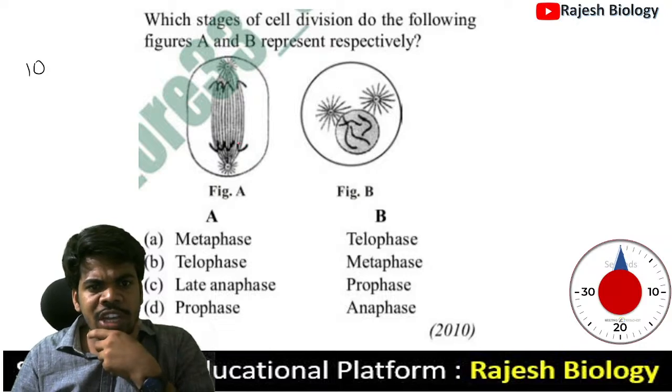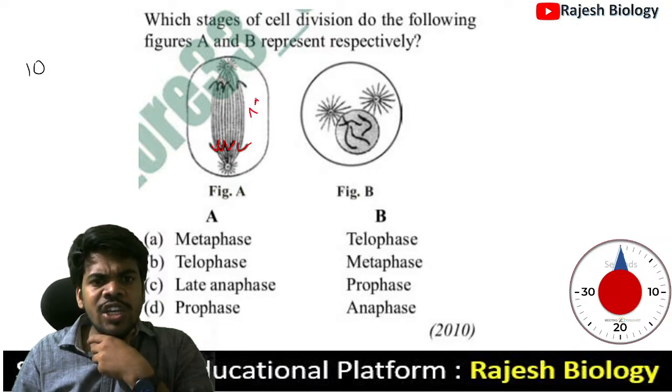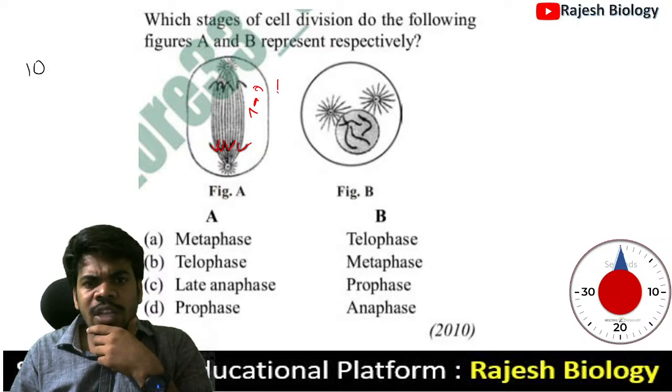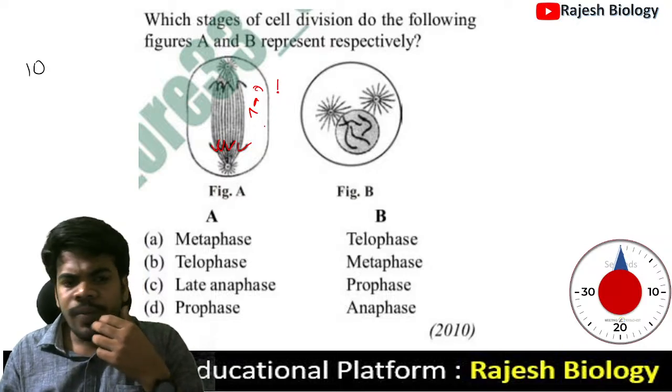If you observe the shape of the chromosome, in which phase can you observe the shape of chromosome like V shape, J shape, and U shape or I shape based on the position of the centromere?